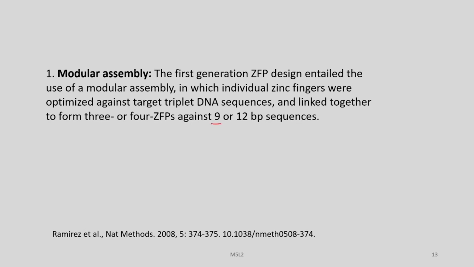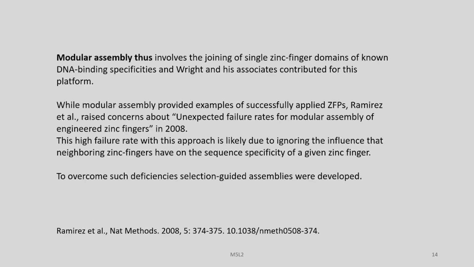So, 3 will correspond to 9 and 4 will correspond to 12 base pair sequences. In such an approach, we join single zinc finger domains of known DNA binding specificities, and Wright and his associates contributed hugely to the development of this technology and platform.